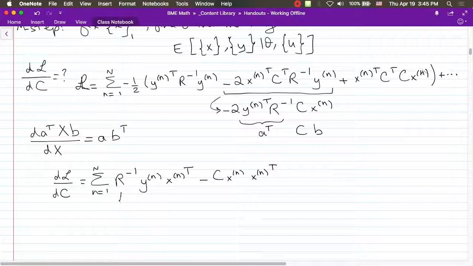So R was the covariance of the y equation, and that's going to be a matrix of p by p. Y is a p by 1. X n transpose is a 1 by q. So this term is going to be a p by q.